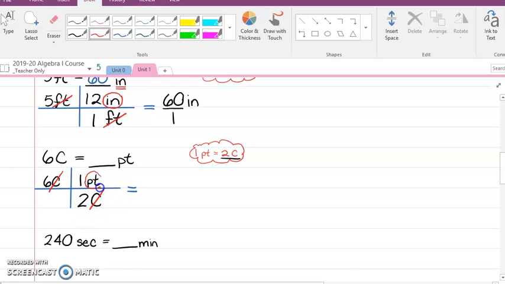I'm left with pints, which was my goal. 6 times 1 is 6, and all I have on the bottom is 2 pints. But we can reduce 6 over 2. Those cancel out to give me 3 over 1, so my final answer is 3 pints.